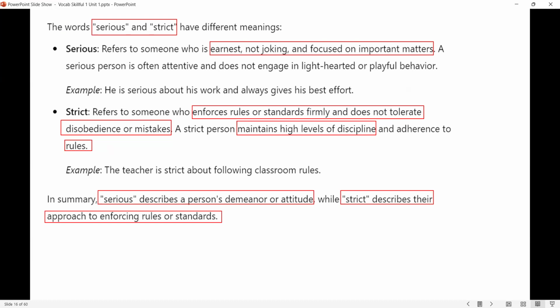But when someone is strict, that person likes to enforce rules or standards and does not tolerate disobedience or mistakes. And he or she maintains high levels of discipline and sticks to rules. So they have standards and they want you to follow the rules. And as I said, you have to play by the book if someone is strict.